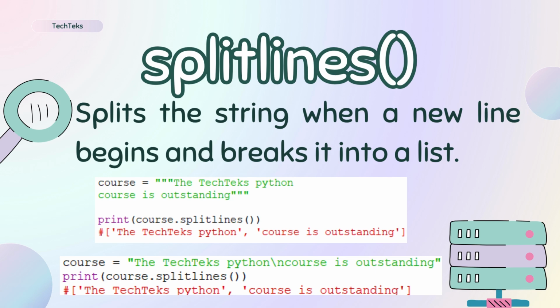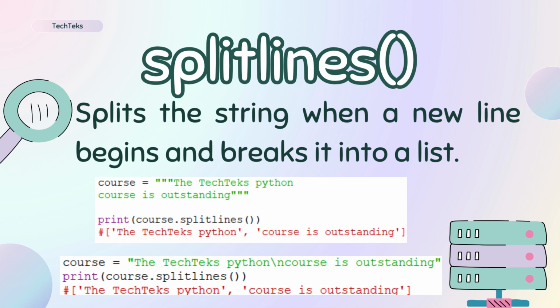Next up, we have the splitlines method, which splits the string when a new line begins and so breaks it into a list. So if I move on to a new line inside a string, it literally puts line 1 as item 1 in the list, line 2 as item 2 in the list. Again, course = "Techteks Python" moves on to a new line, "course is outstanding".